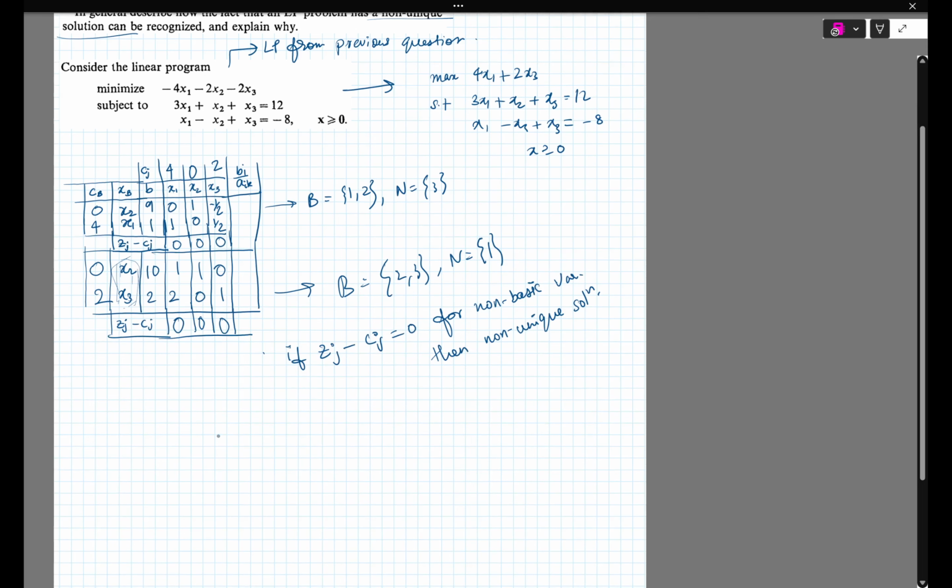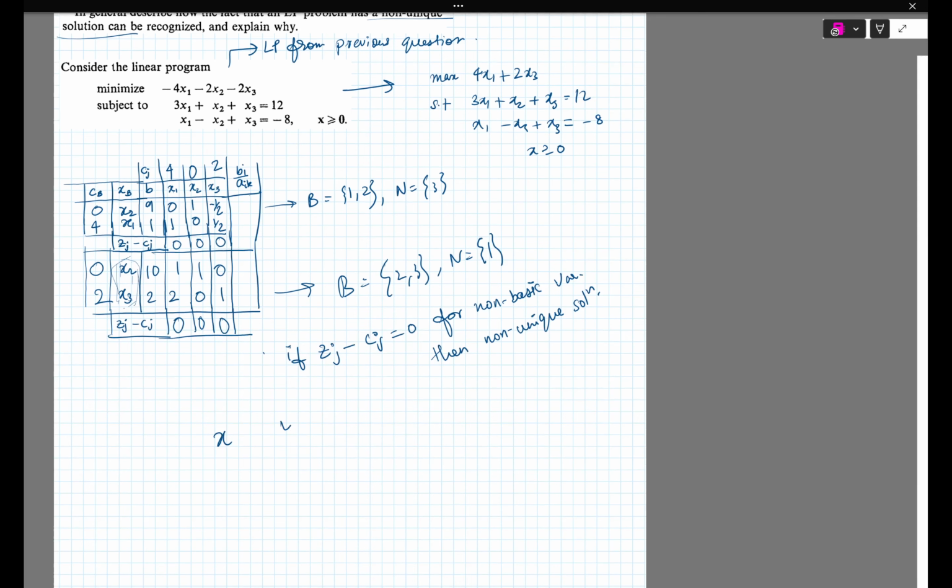So if x and y are the two solutions, then lambda x plus 1 minus lambda y will also satisfy the constraint, and will also be equal to b.